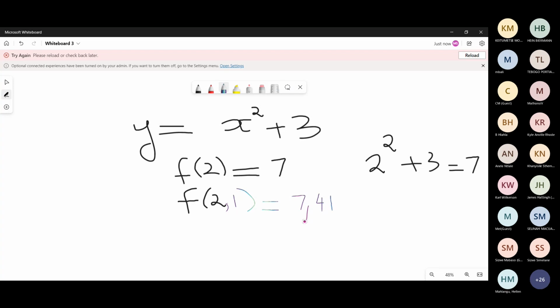Please make sure it's correct. Okay. Let me go much closer to 2. Let me take something like 2.001. What will be the answer, please? Try to find the answer there.